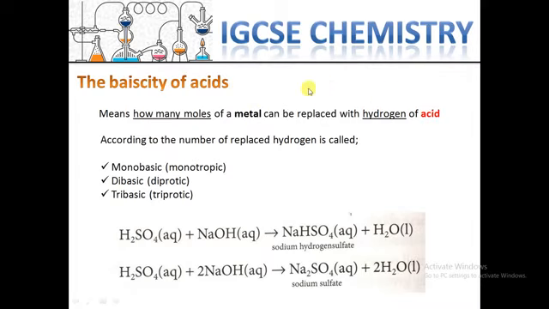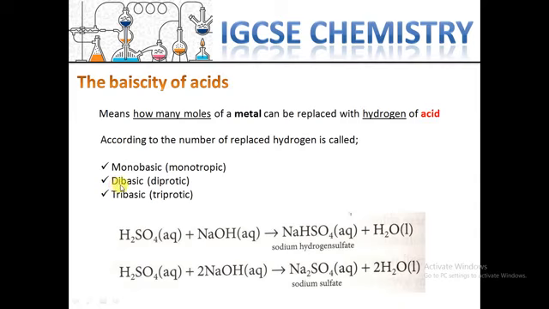If the metal can react with the hydrogen, then we can get salt like here. According to the number of hydrogens which are replaced with the metal, we can say that an acid can be monobasic or monoprotic. That means only one hydrogen can be replaced by the metal.